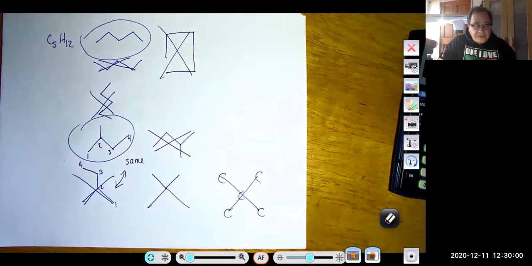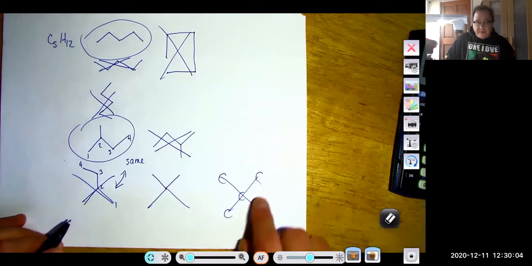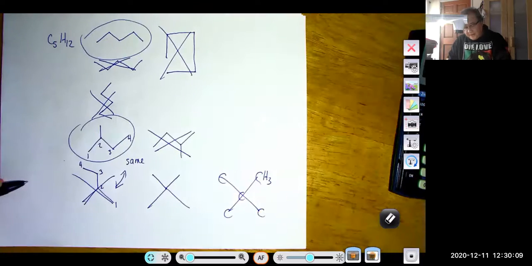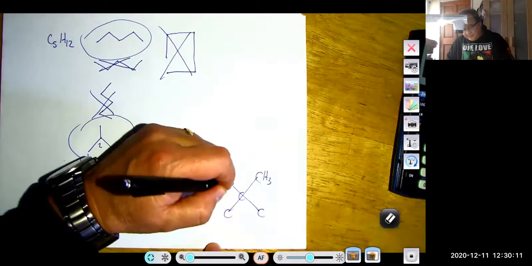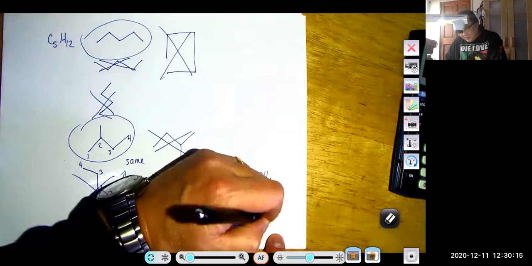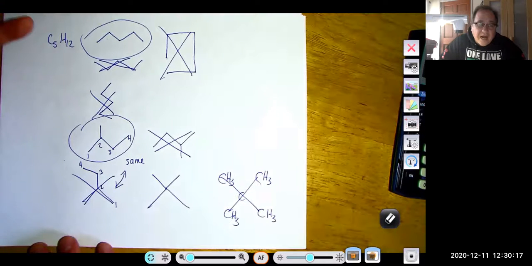It has 5 carbons, so that's okay. How many hydrogens on this carbon? 3. How many on this one? 3. How many on this one? 3. How many on this one? 3. Why do they all have 3 hydrogens on them?